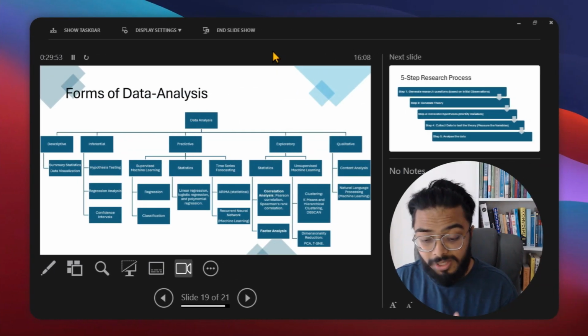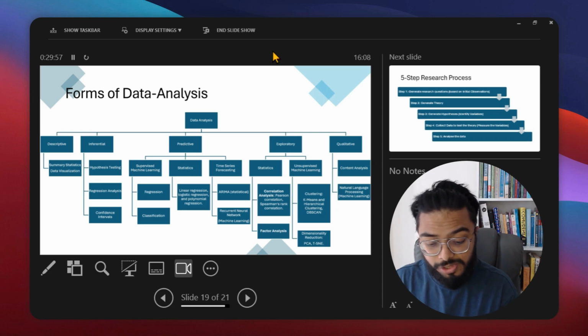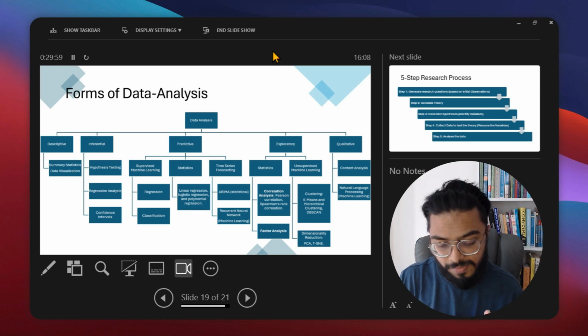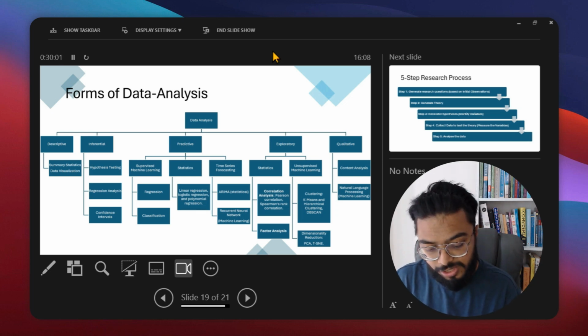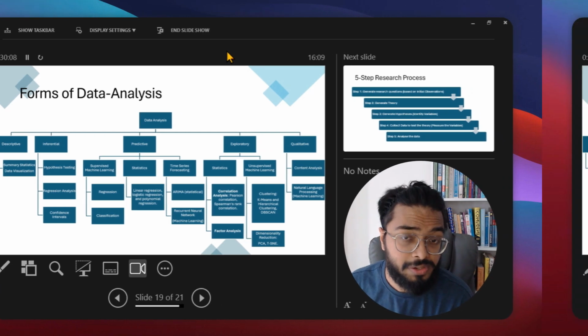Then there is something called predictive analysis. It's about forecasting future outcomes based on your data. For example, you can use regression analysis to predict which factors most influence depression improvement.